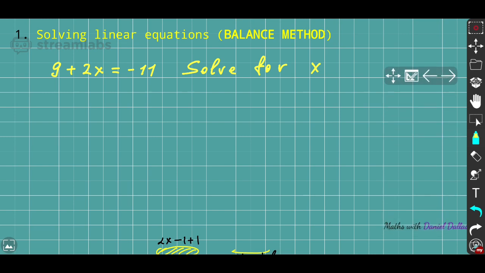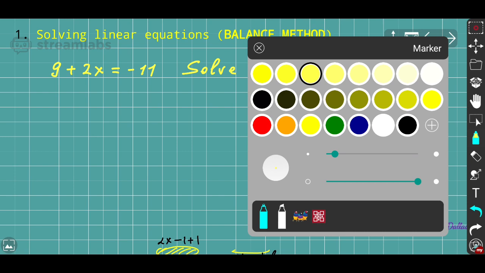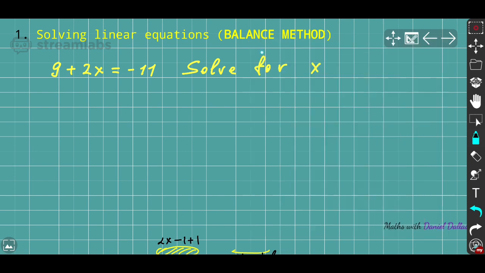What we're gonna do here? We just need to define the target variable and target term, the term that contains your variable x. And now we are going to transfer.